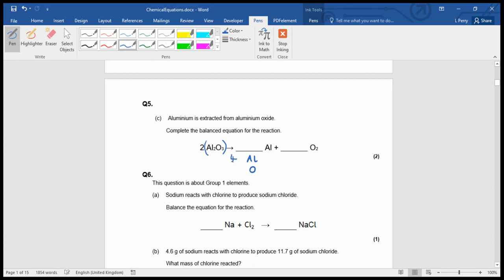So I've got 4 aluminiums on the left. I've got 3 oxygens in the bracket, and that's times by 2. So I've got 6 oxygens on the left. At the moment, I've got 1 aluminium on the right and 2 oxygens on the right. So I need 4 times the amount of aluminiums. I need 3 times the amount of oxygens.